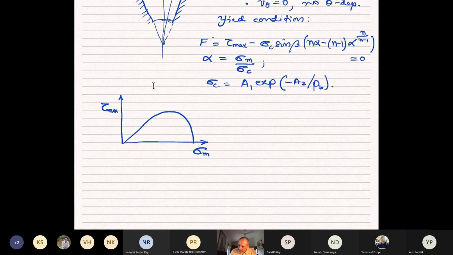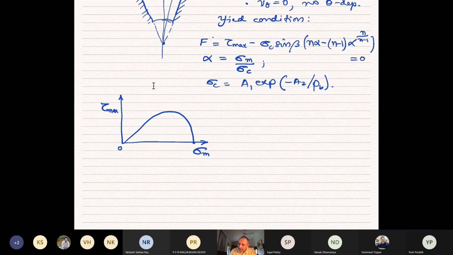And then go to 0. So this has two roots. When alpha is 0, it is definitely equal to 0. That is, when sigma m is 0, this is 0. But then there's another value of sigma m also when you get this quantity is 0.